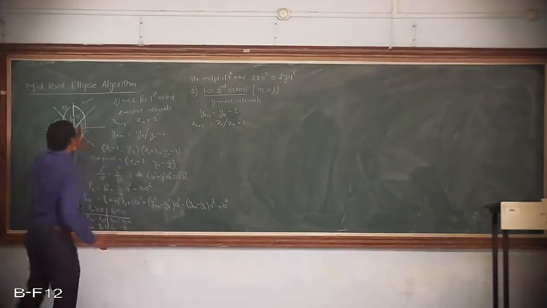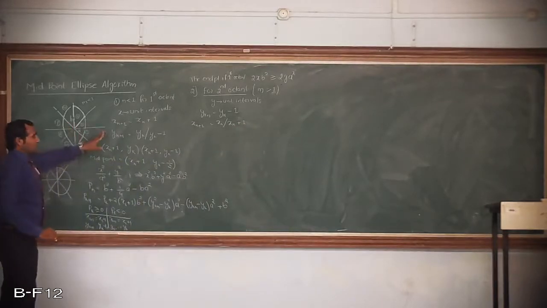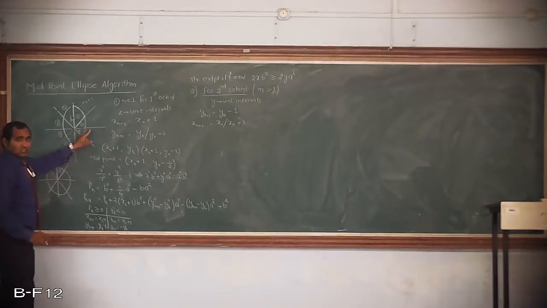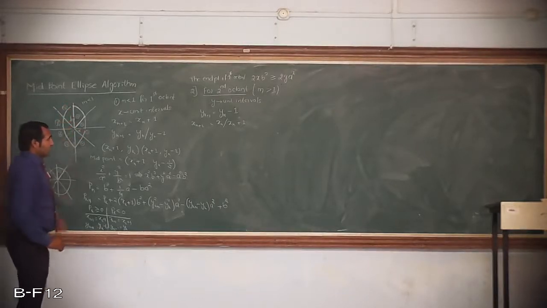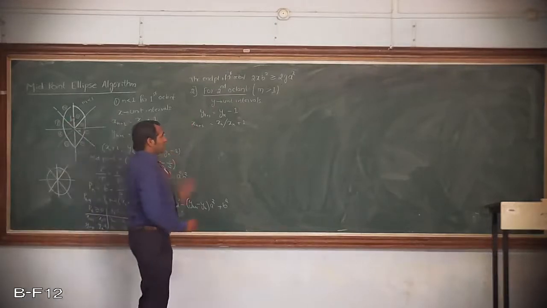It means the previous x coordinate or the next x coordinate. If you see here, the value of x is incrementing, the value of y is decrementing. So whenever we are solving, x should be incremented and y should be decremented. These are the two possible points.